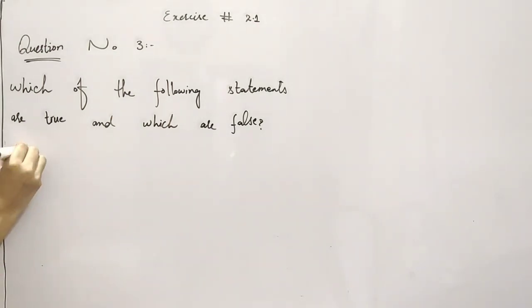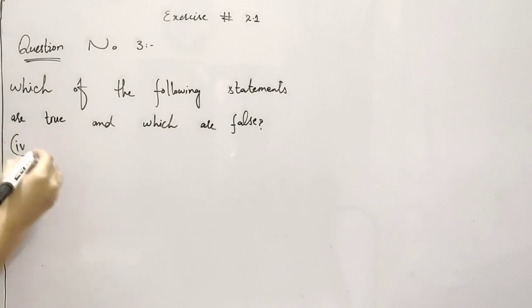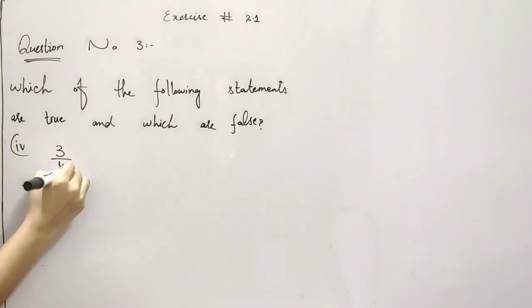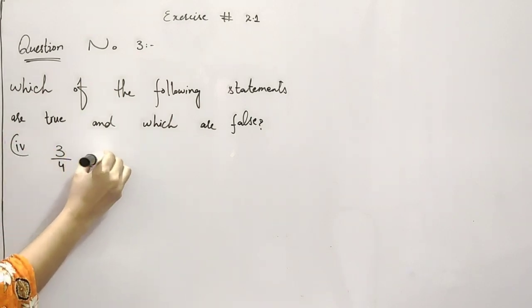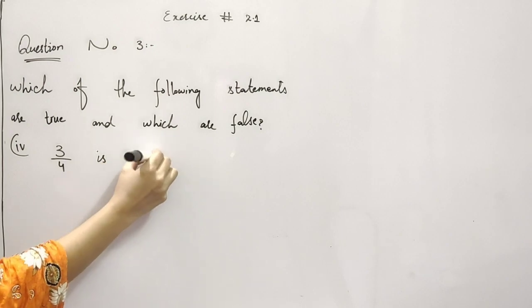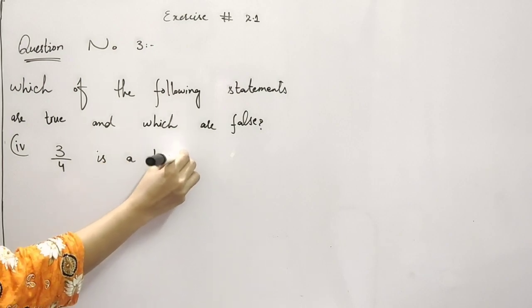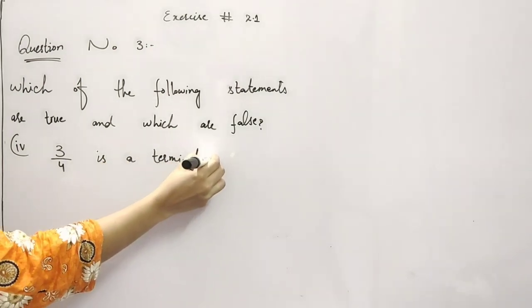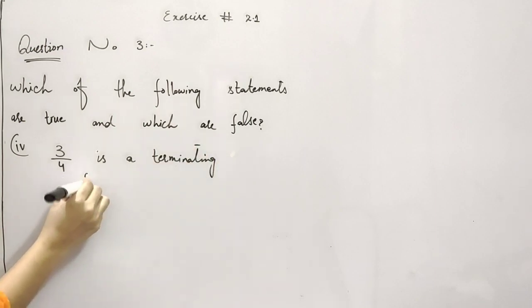And the fourth part is 3 by 4 is a terminating fraction.